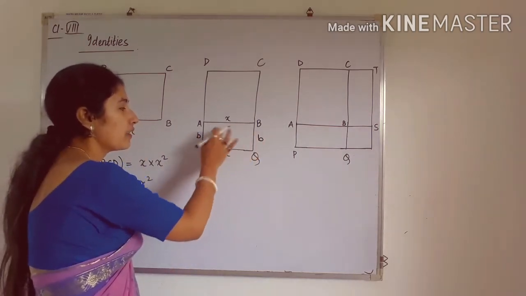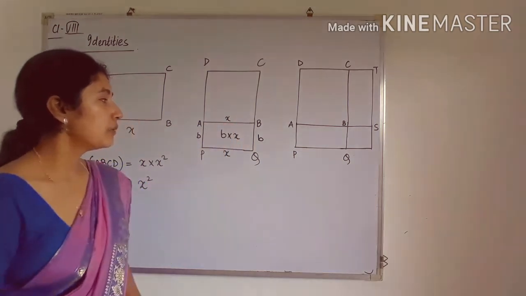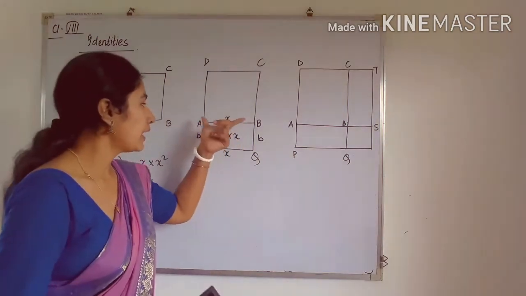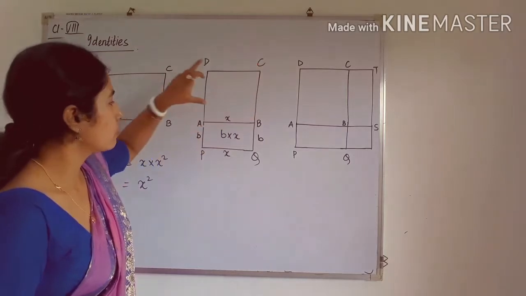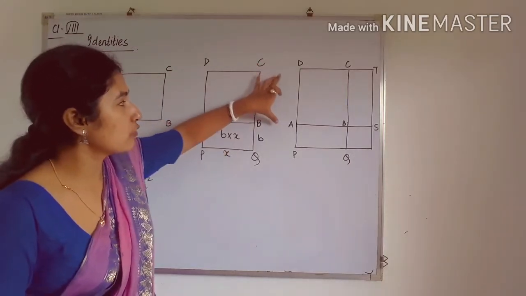So what will be the area of this rectangle? Yes, B into x. Okay. Similarly, adjacent to AB is BC, or you can say AD. So I am taking BC and I am drawing one rectangle.